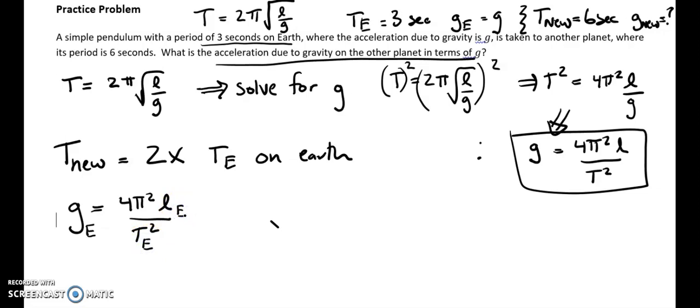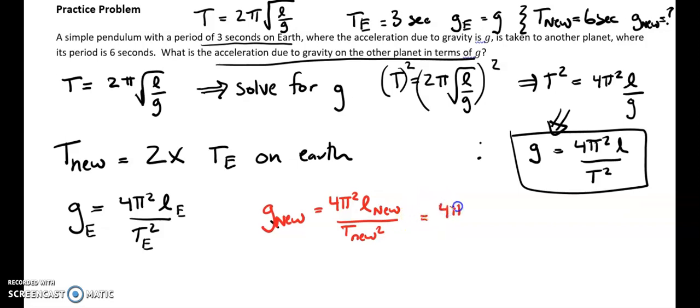For the new place, I'm going to call it g_nu. Same idea: it's 4π²L_nu over the period nu squared. Let's see how that compares to Earth.